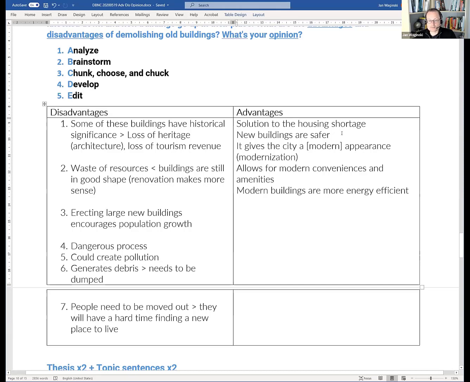Which side are you going to pick? Do you pick advantages or disadvantages? Which side would you pick, for this question? What would your opinion be?